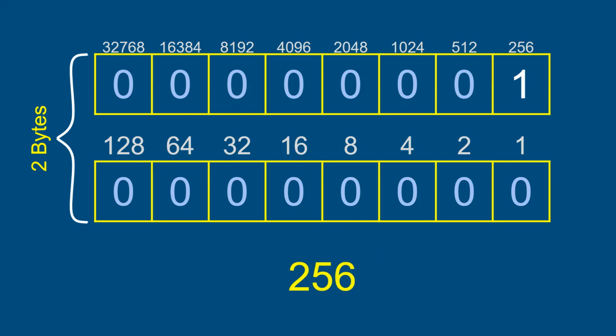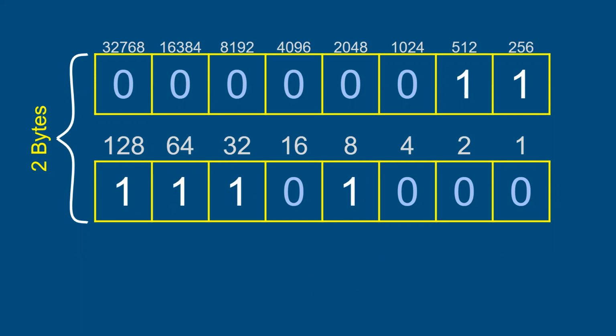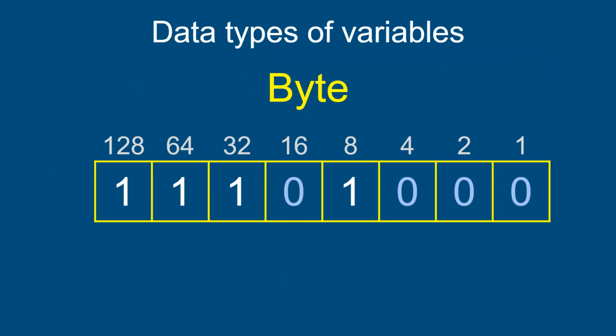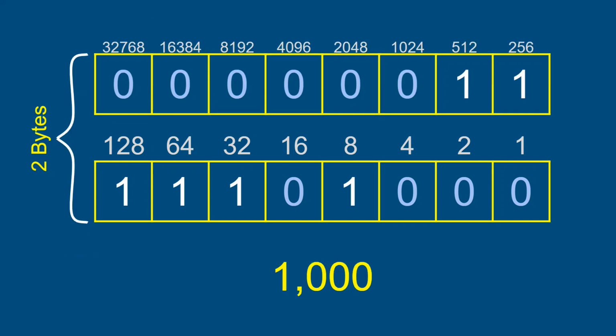A 9-bit number is not one I think about very often, but the range would be 0 to 511. And what would this be? About 1,000. Yeah, I made the slides. So ultimately, that's what you're dealing with. If you want a really big number, more bytes, and every bit doubles the range that you can store if you're talking about an integer.